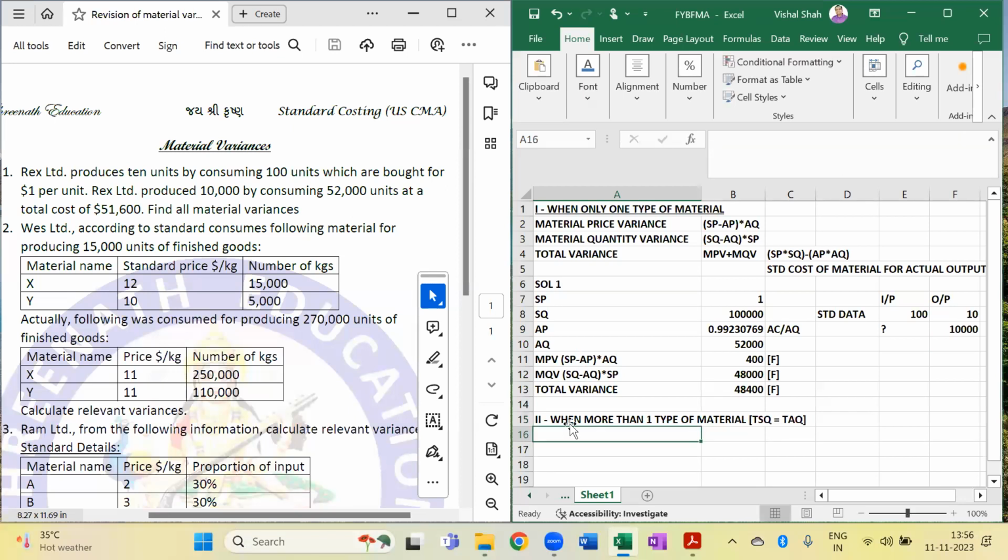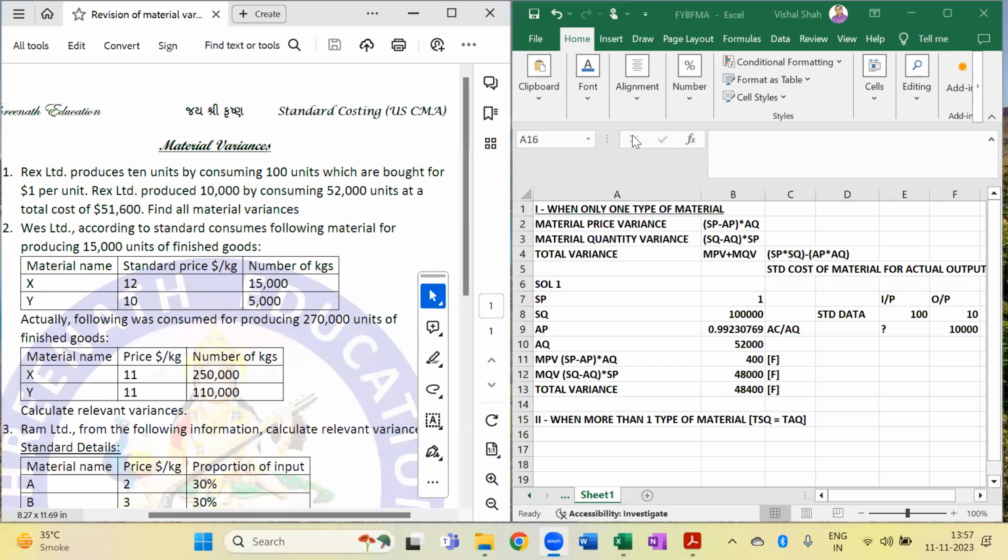So what is TSQ and what is TAQ? Total standard quantity is TSQ, and total actual quantity is TAQ.